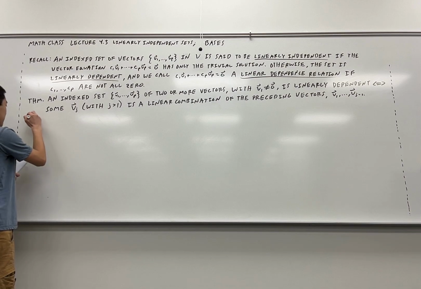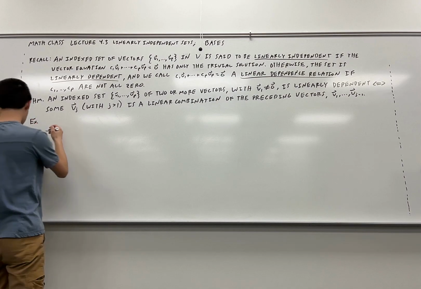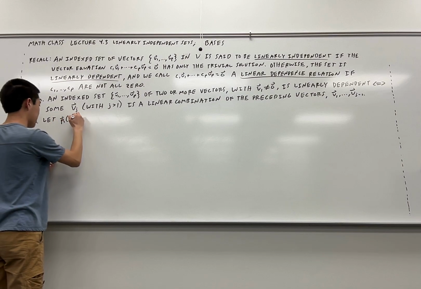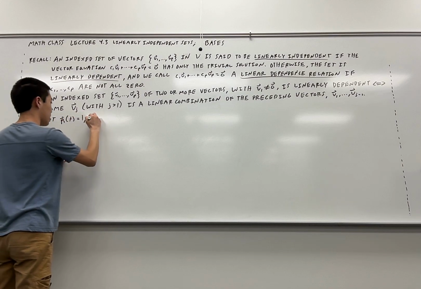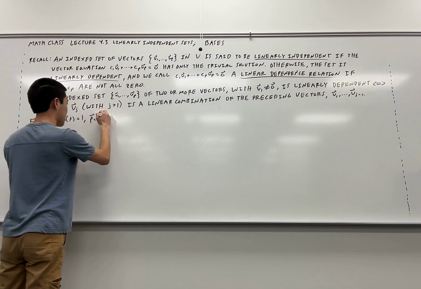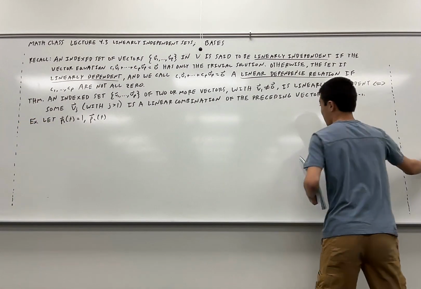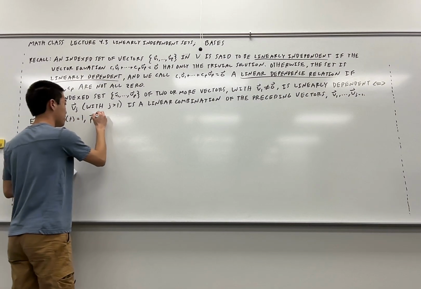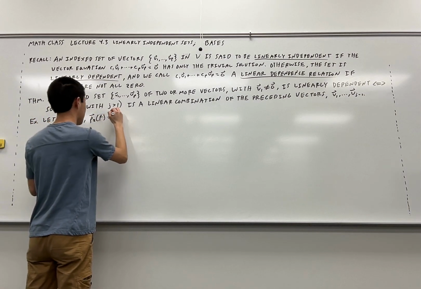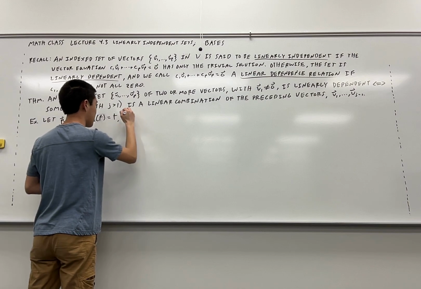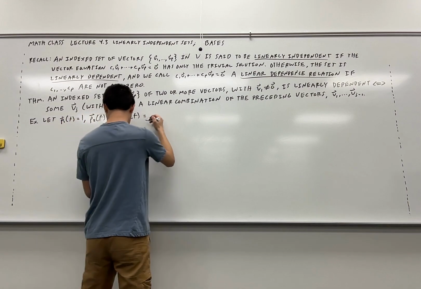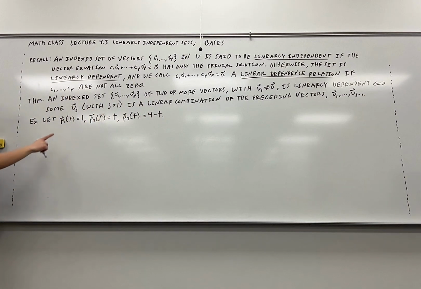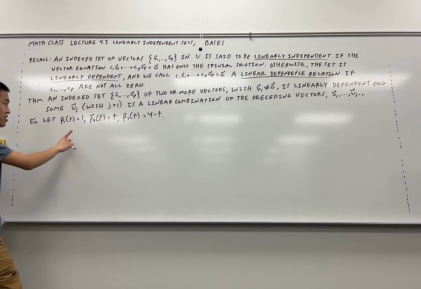Here's an example. Let p1 of t be equal to 1, let p2 of t be equal to t, and let p3 of t be equal to 4 minus t. So I've defined three vectors in the polynomial vector space.